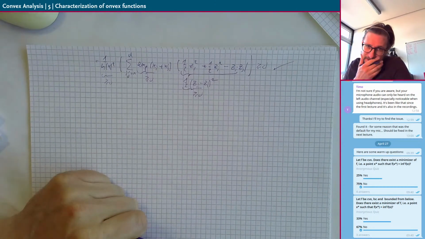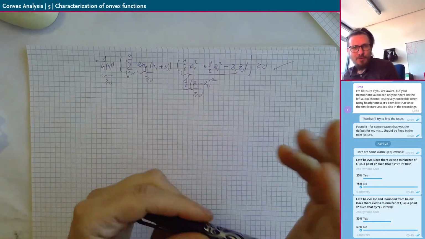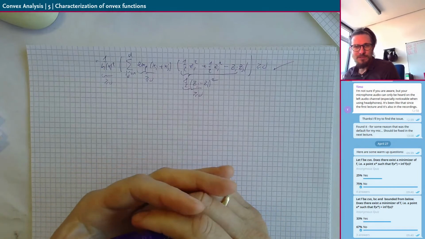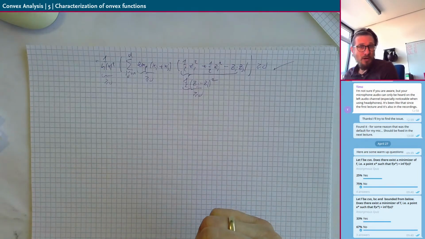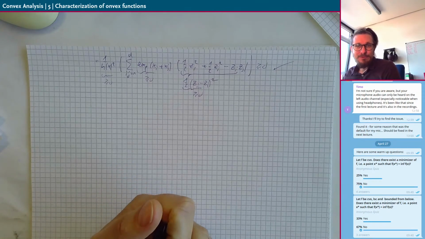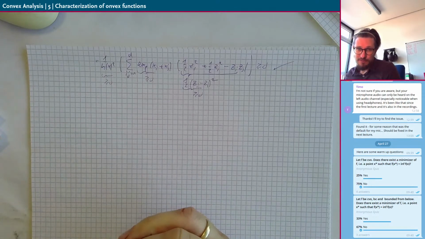So what about characterization by epigraphs or level sets? We did that for lower semi-continuity. We could say a function is lower semi-continuous if and only if the epigraph is closed or all of its level sets are closed. So how about convexity? The level sets alone are not enough to characterize convexity.